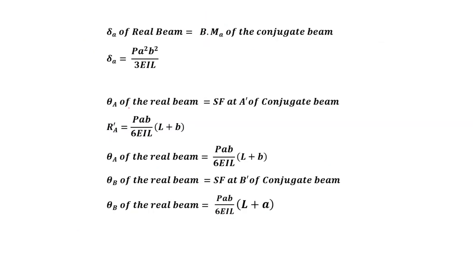So proceeding further, here you have delta A of the real beam equal to bending moment at A of the conjugate beam. That's calculated. Then theta A of the real beam equal to shear force at A dash of the conjugate beam, that is PAB by 6EIL into L plus B, and theta B of the real beam is PAB by 6EIL into L plus A.